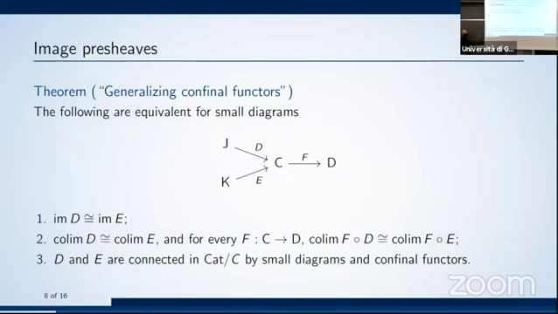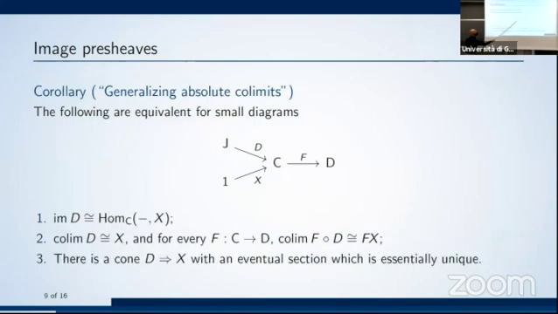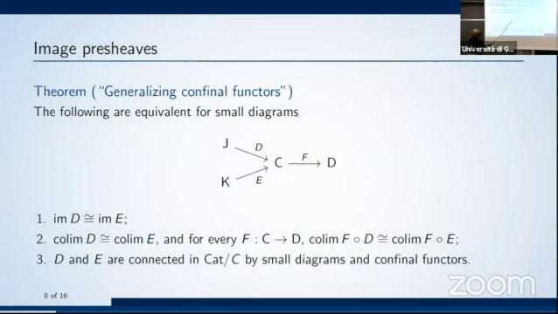Also, this generalizes the theory of absolute colimits, because now let's take K to be a one-object category, so that this is just an object, and our statement becomes: having the same image presheaf means that this has a representable image presheaf. That's equivalent to saying that X is the colimit of D, and such a colimit is preserved by every functor. And the third condition, that's a bit harder to see. We were saying that there was a zigzag.